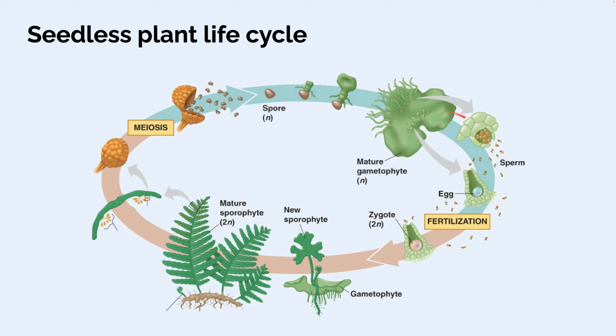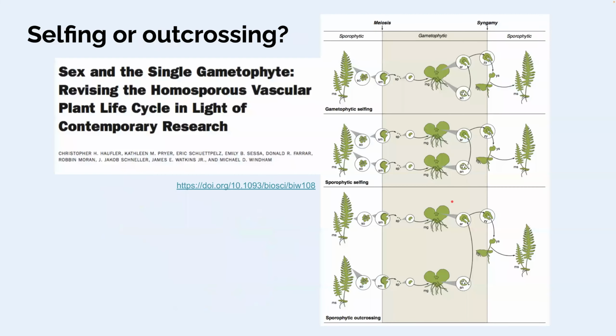So gametophyte with sperm inside of a spore makes a pollen grain. Female gametophyte with an egg inside of a spore makes for an ovule, basically. So these parts of the life cycle that we see as separate in the ferns are going to be condensed all up into one structure, the pollen grain or the ovule, in the seed plants.